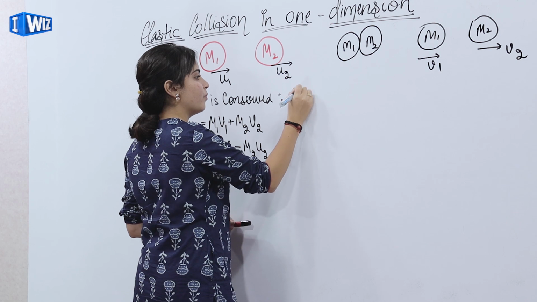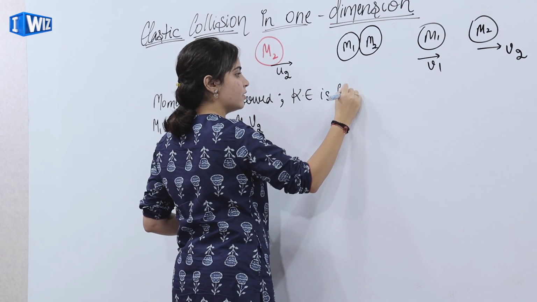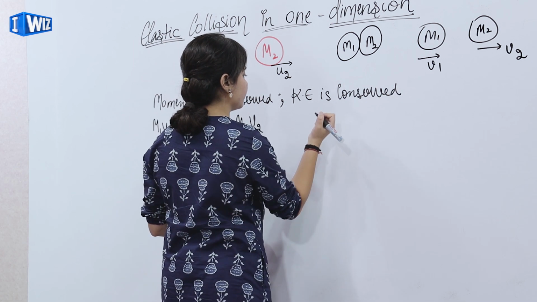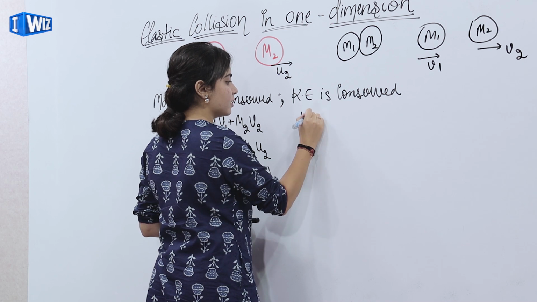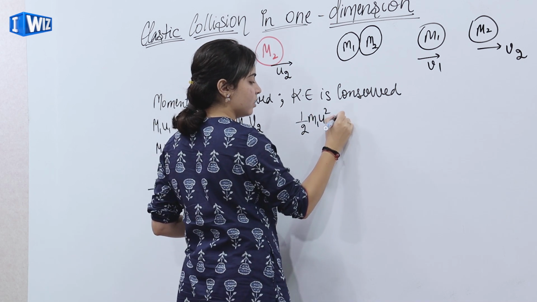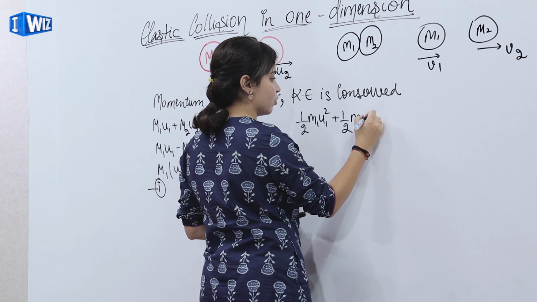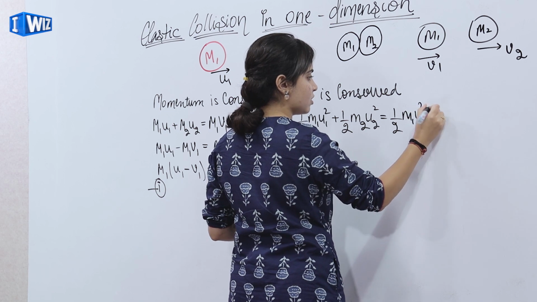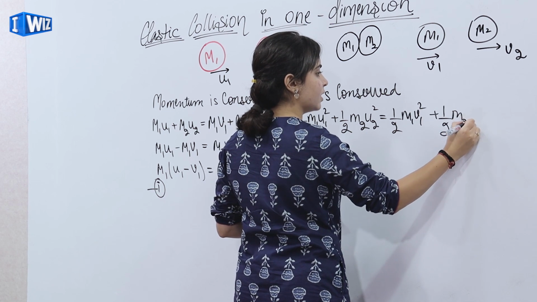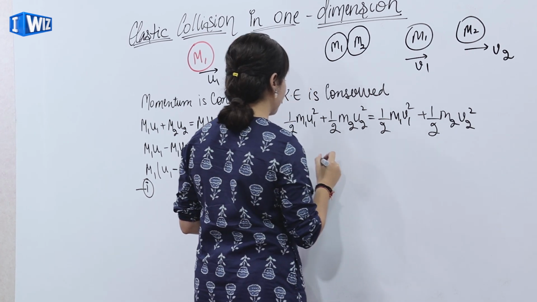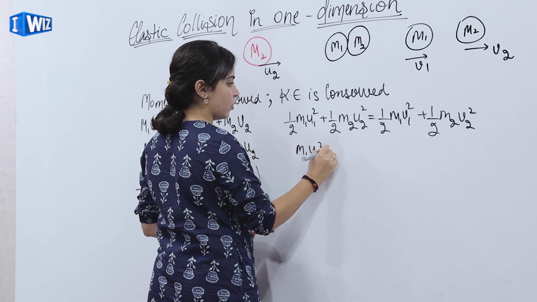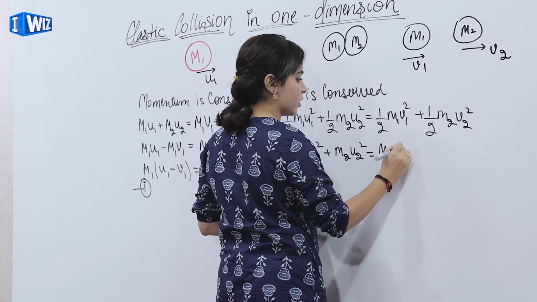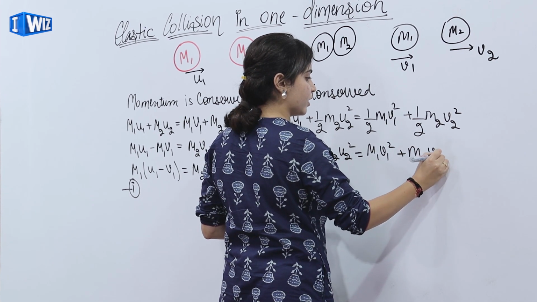We also know kinetic energy is conserved as this is elastic collision. So half m1 u1 square plus half m2 u2 square is equal to half m1 v1 square plus half m2 v2 square. So I'll get m1 u1 square plus m2 u2 square equals m1 v1 square plus m2 v2 square.